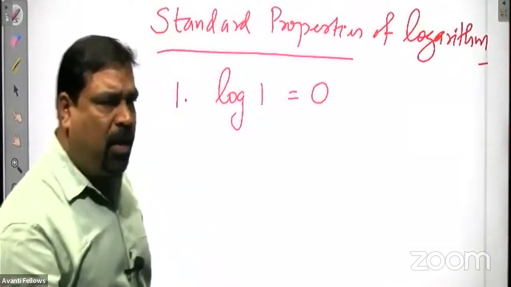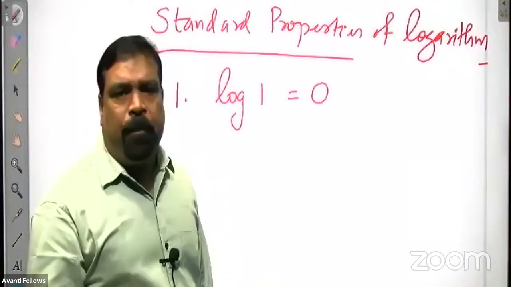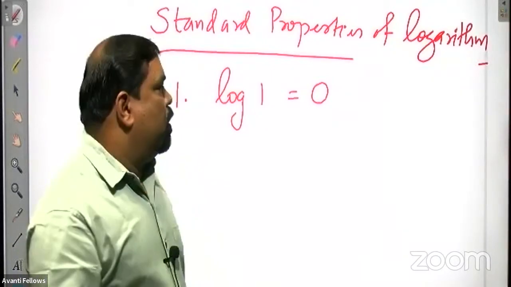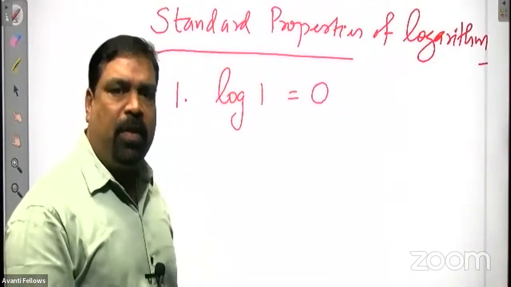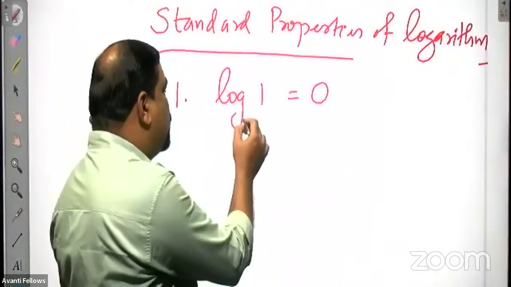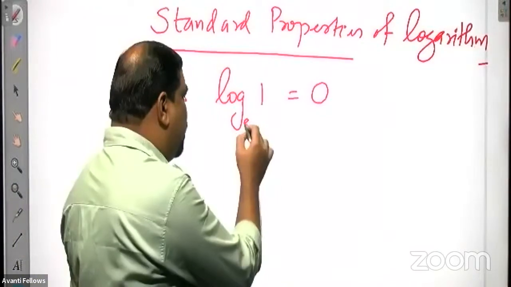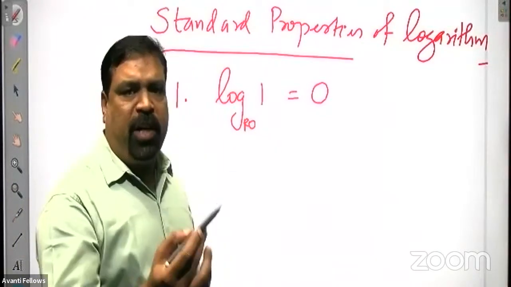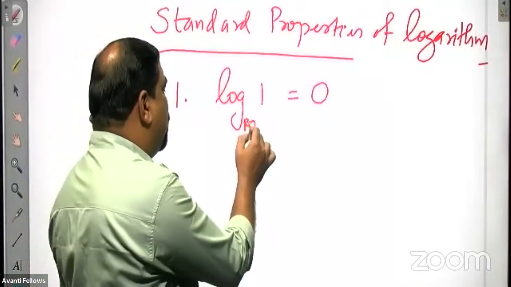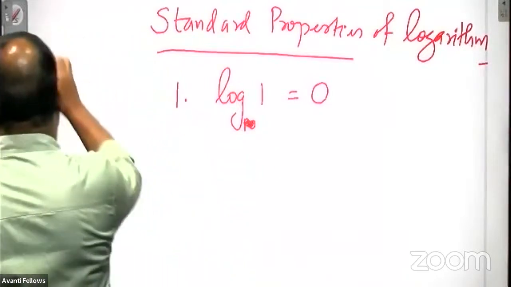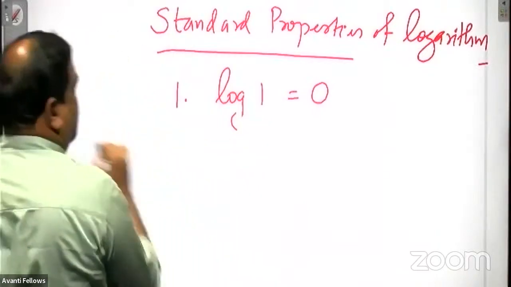Whether it is base e, base 10, or base 100, the value is always 0 only. Because if I take base e, that means e power 0, and e power 0 is 1 only. If I take base 10, 10 power 0 is 1 only. So log of 1 is equal to 0. That's a very fundamental basic property, but we sometimes have to use these things.